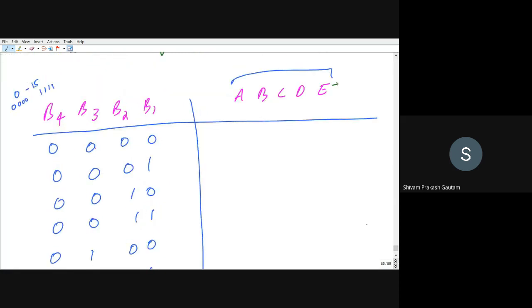Consider that E signifies your LSB, and A signifies your MSB, that is most significant bit. So 0 can be represented by 0 0 0 0 0.